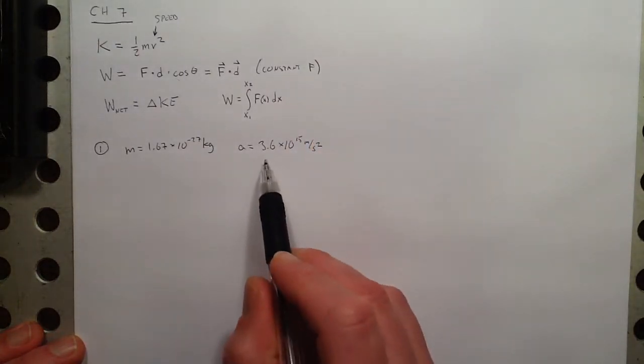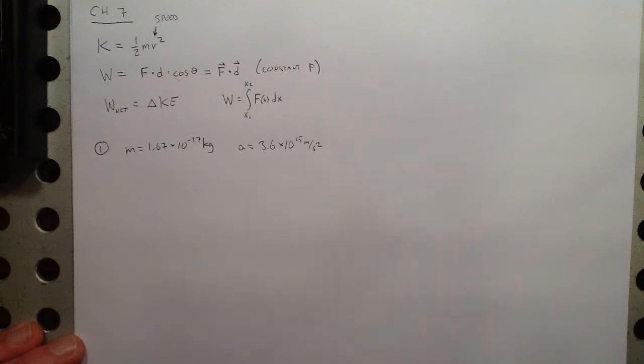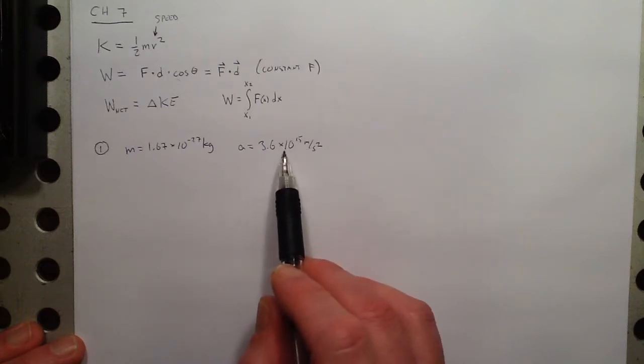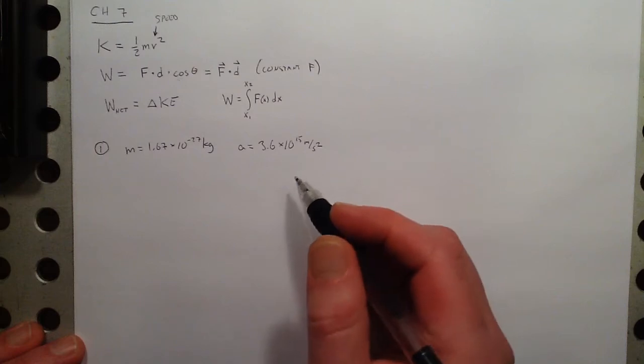You cannot maintain an acceleration like this for very long, can you? Because in, let's say about half a second or so, certainly much less than a second, you would be exceeding the speed of light, which is 3 times 10 to the 8th meters per second. So watch out.